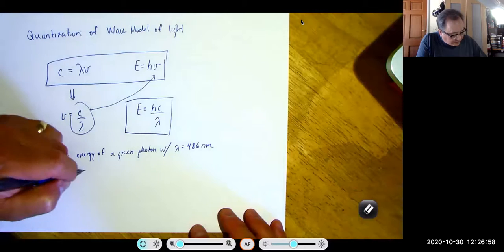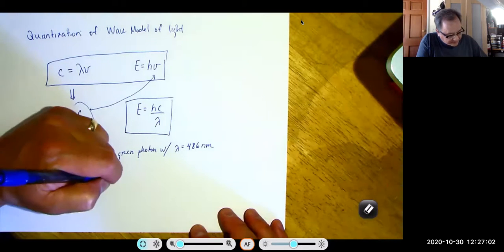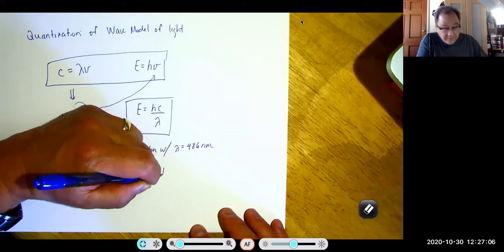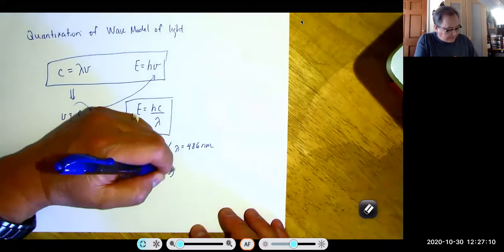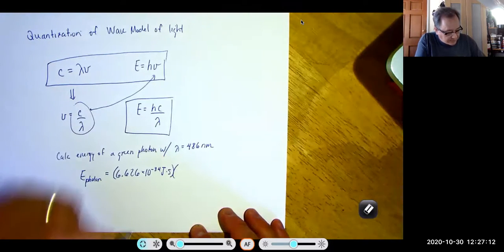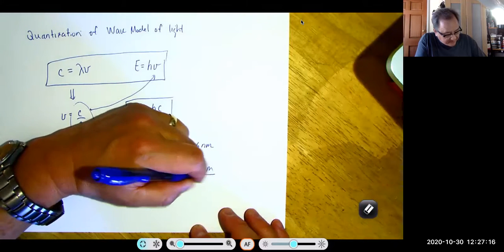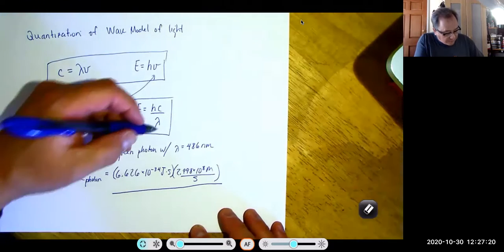Here, the energy of the photon would be equal to 6.626 times 10 to the minus 34 joule seconds times 2.998 times 10 to the 8th meters per second, and then all divided by 486.